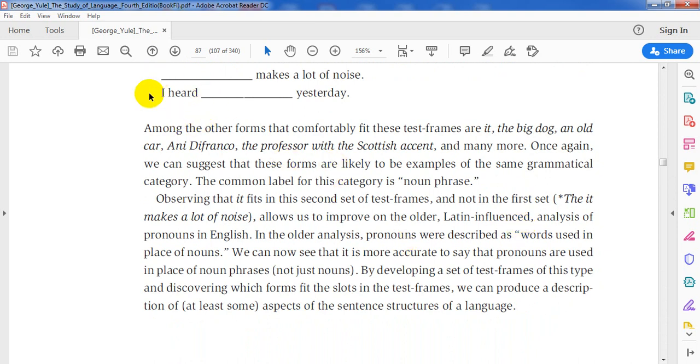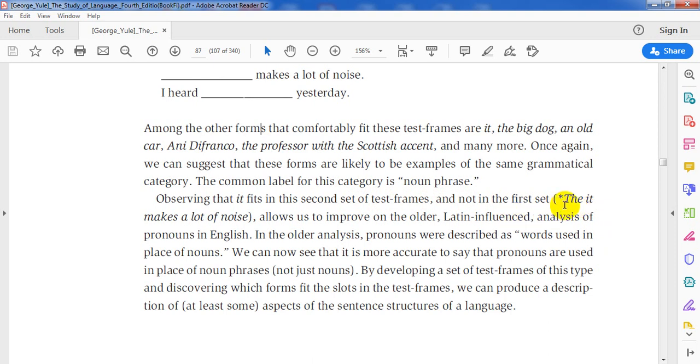Such a step is a movement against the rules of Latin that were imposed on the English language. So for example here, observing that it fits in I heard it yesterday, it fits in the second set of test frames and not in the first set.